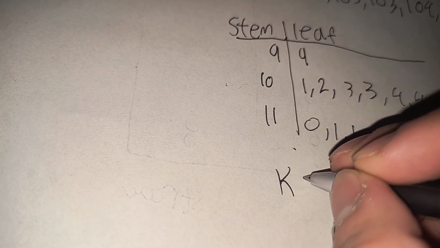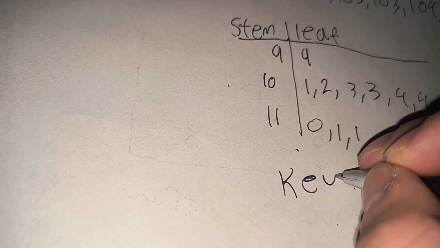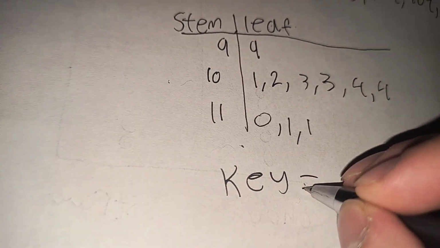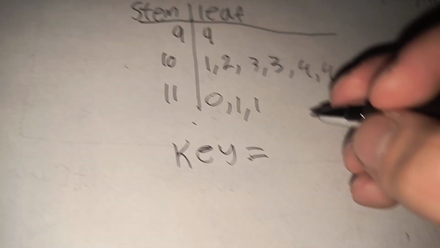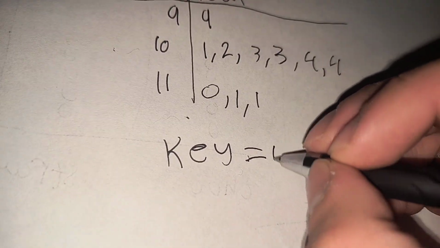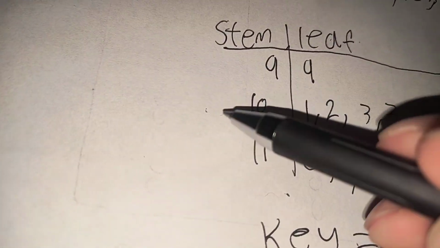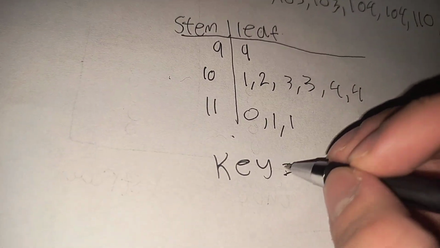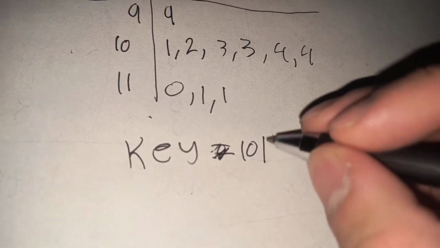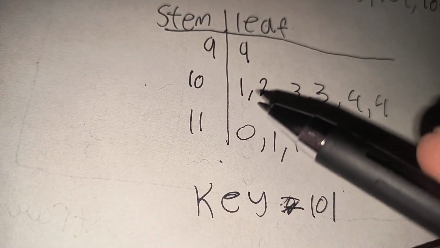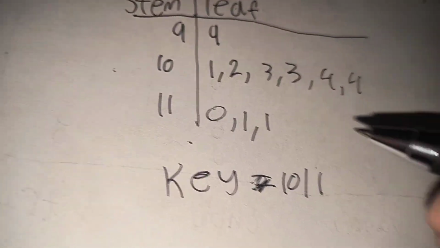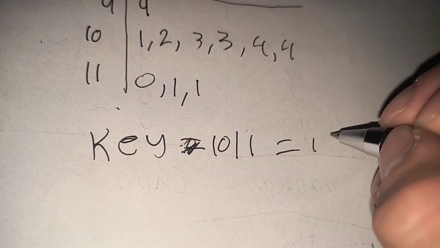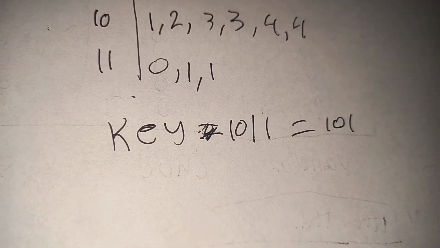And I can write a key. A key basically tells you what the data is plotting. If I write 10, the category right here, and then, no, actually I did that wrong. Key is 10, and then let's say this 1 right here equals 101.